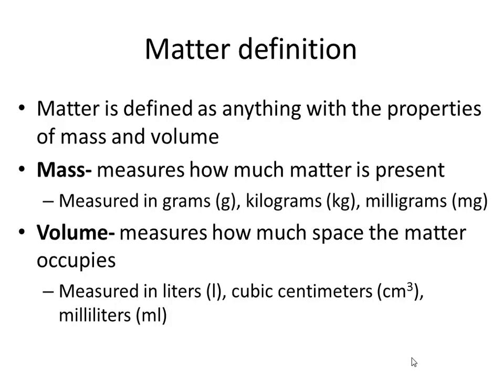So if I have more mass, I have more particles of a substance. If I have less mass, I have less particles of a substance. Volume measures how much space the matter occupies. And we measure that in a graduated cylinder or a beaker. So I'll pause for a second.